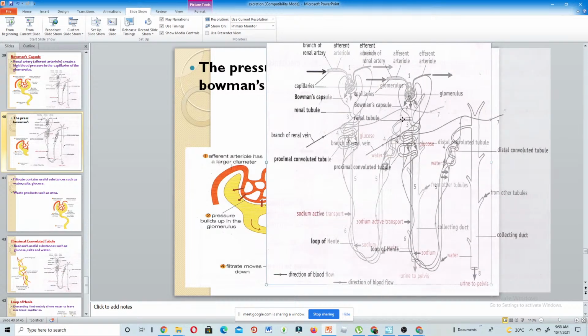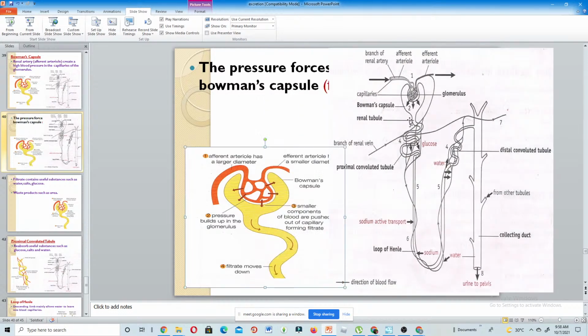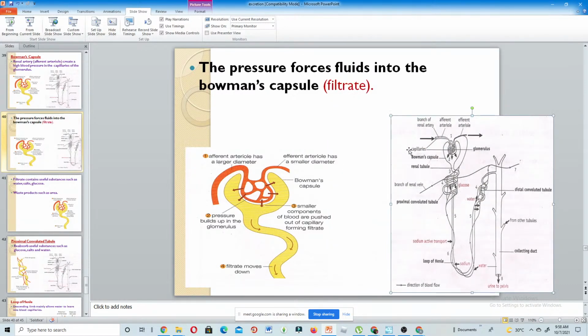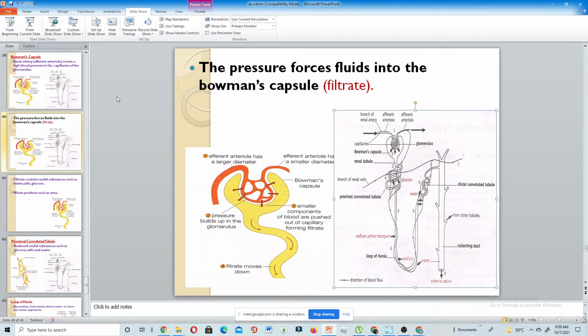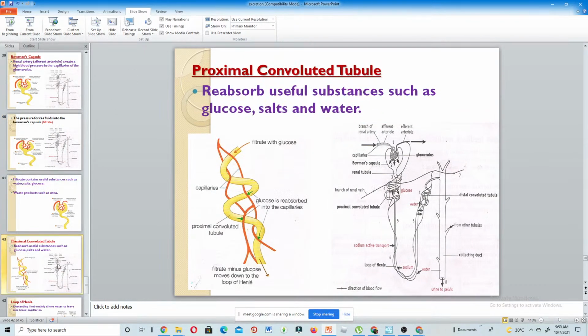That's where we're looking at over this side. Once they are forced through into the Bowman's capsule, you follow this direction and go all the way down. So let's see what happens as those substances, both useful and harmful, move along.